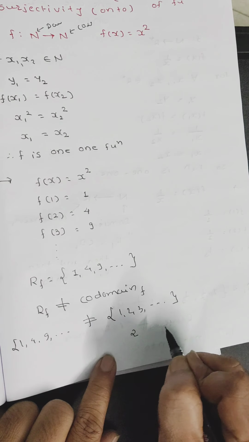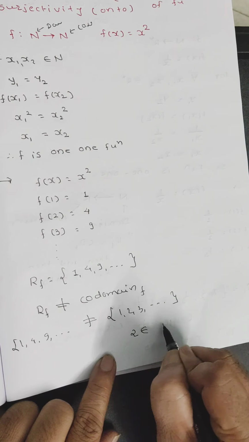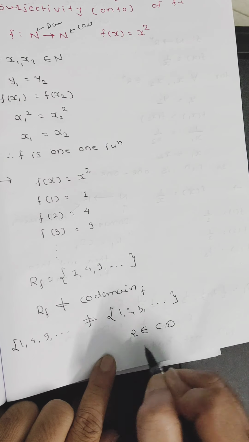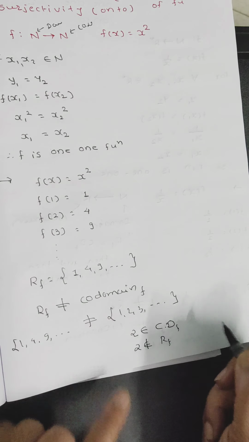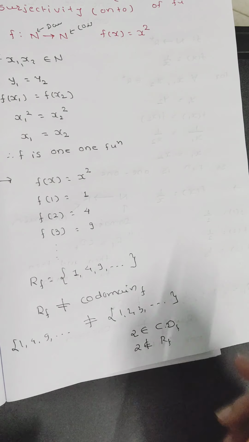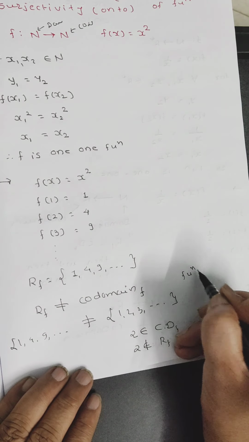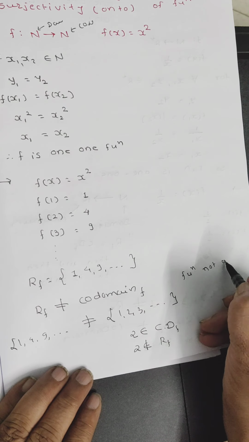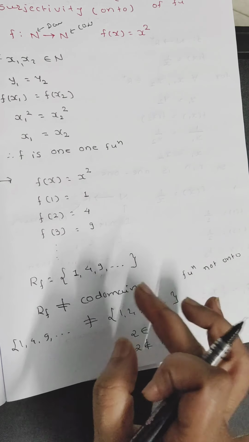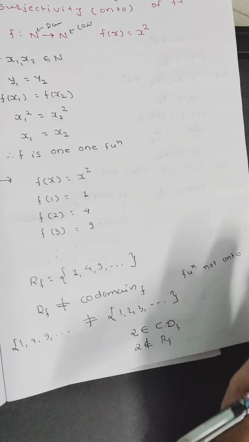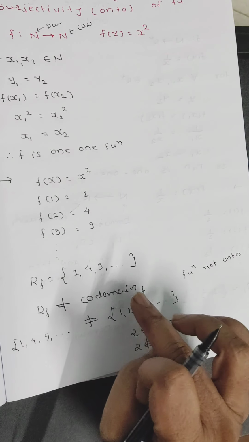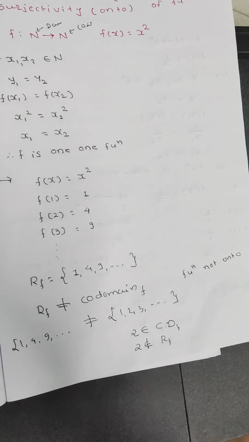Means 2, which belongs to the codomain, does not belong to the range of the function. So the function is not onto. I am repeating, if the range and codomain of a function are equal, then only then the function is onto.